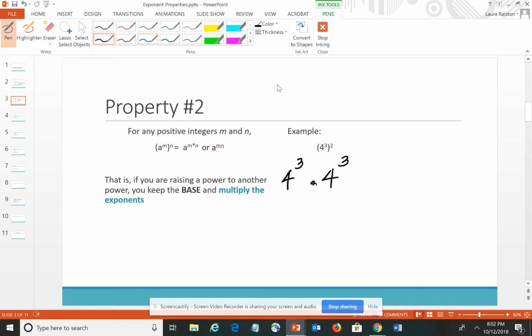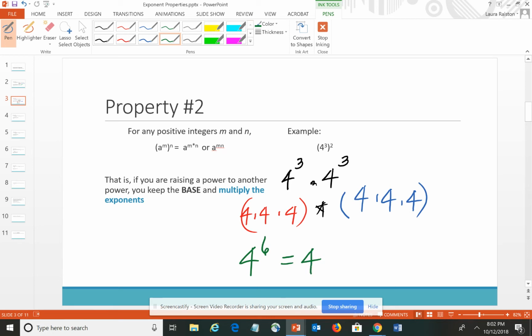And then in each case, you would have 4 times 4 times 4 multiplied by 4 times 4 times 4, which again is a repeated multiplication of 4, and hopefully you can see that that would be 4 to the 6th, which again corresponds to 4, 3 times 2, which are the original two exponents. So when you have a power to a power, you keep the base and multiply the exponents.